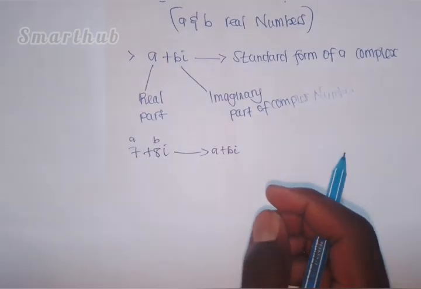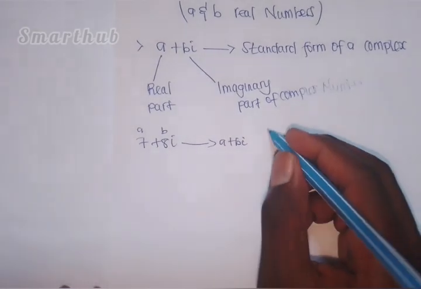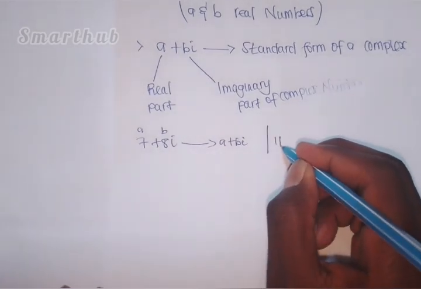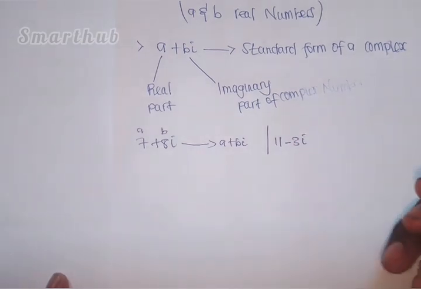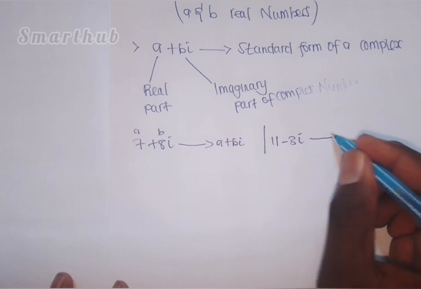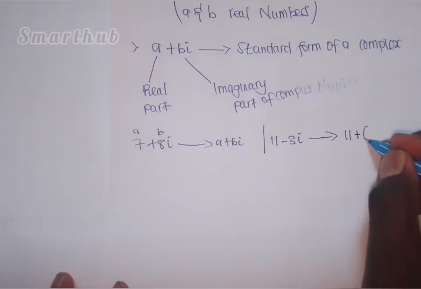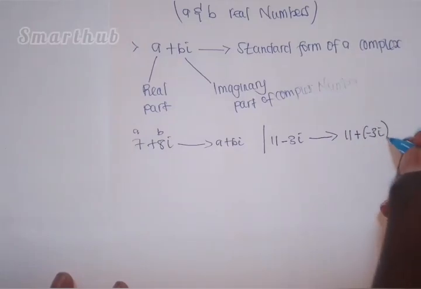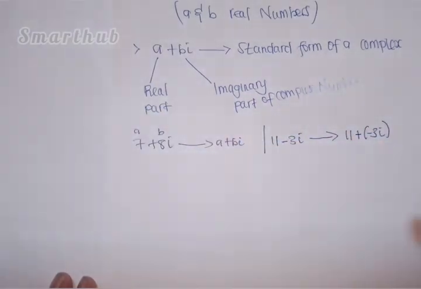Again, let's say for example you have 11 minus 3i. This one can be written as 11 plus negative 3i, because the standard form has a plus sign.